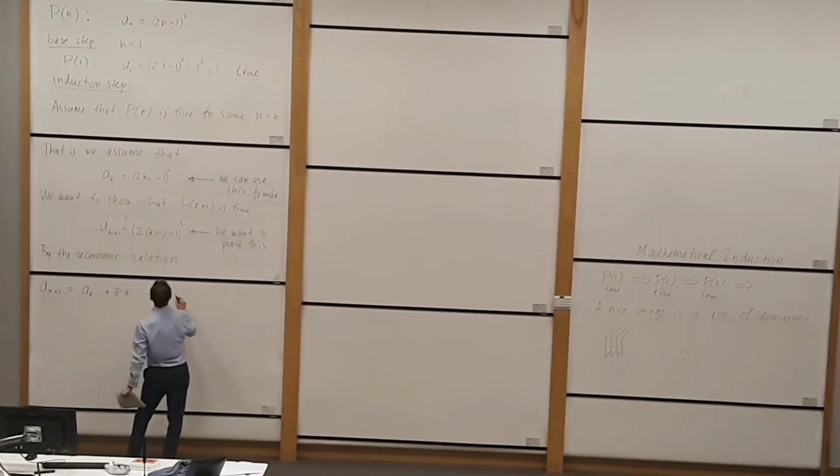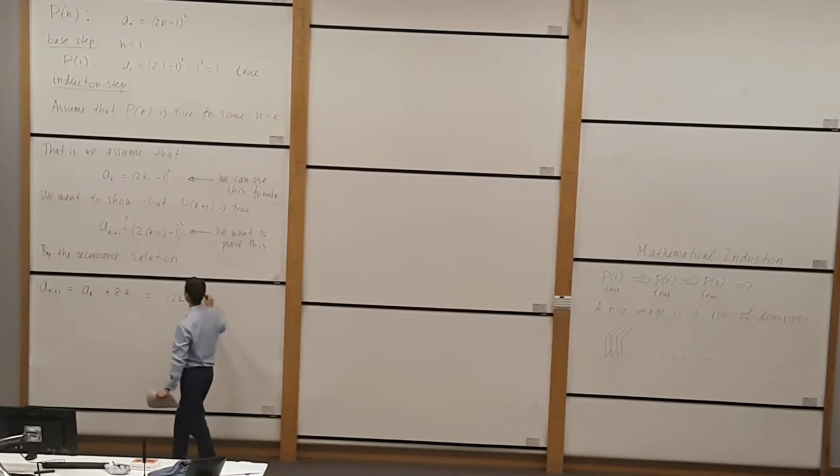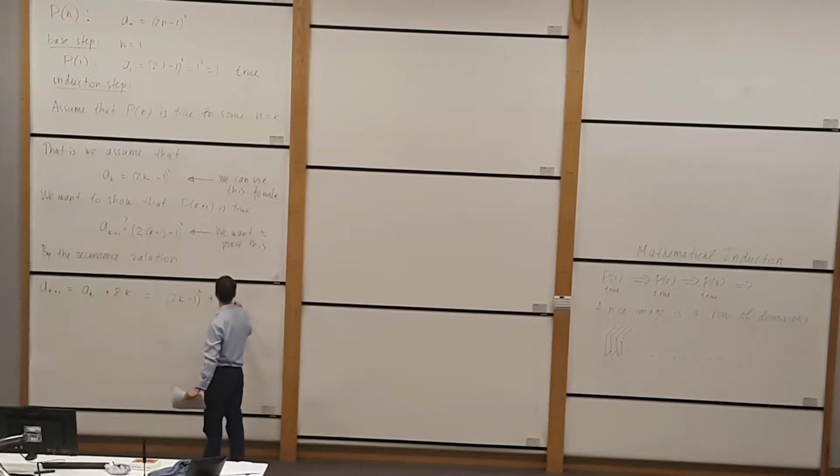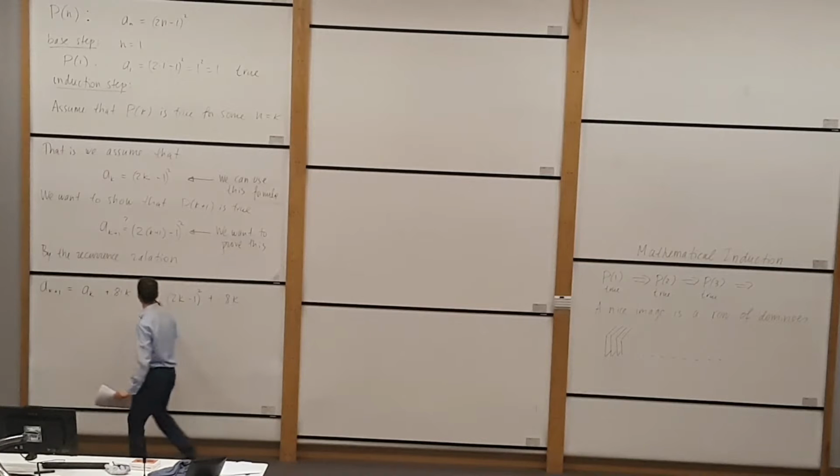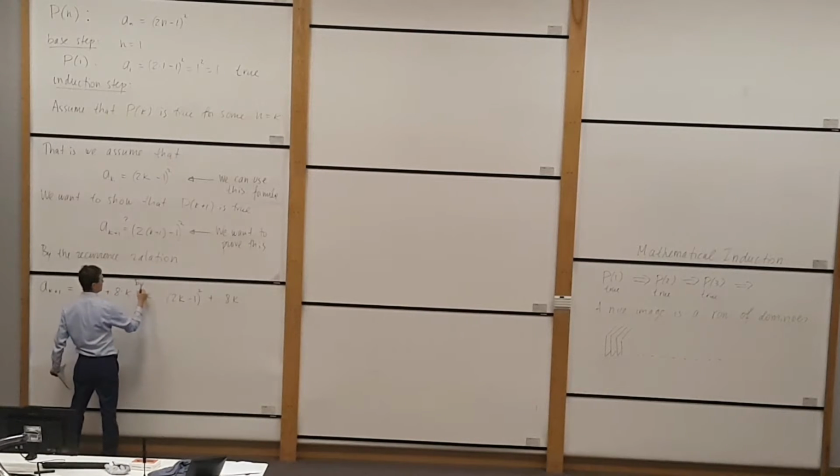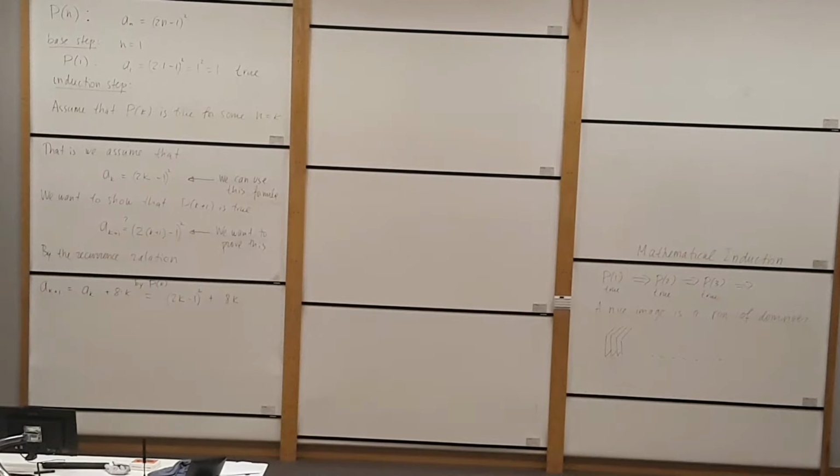So this is equal to (2k minus 1) squared plus 8k, and we can write to ourselves that this is by P of k being true, by our assumption. Okay? So, nice.